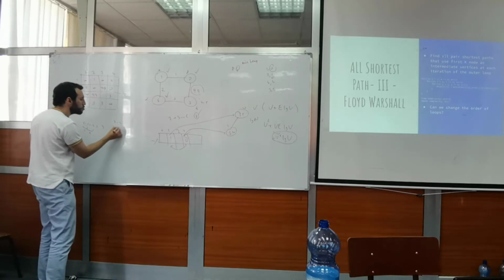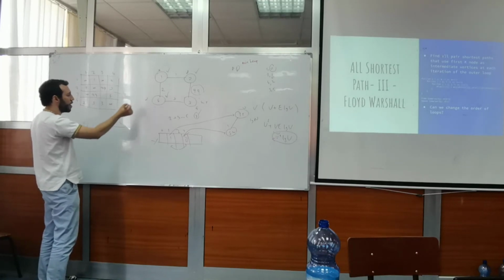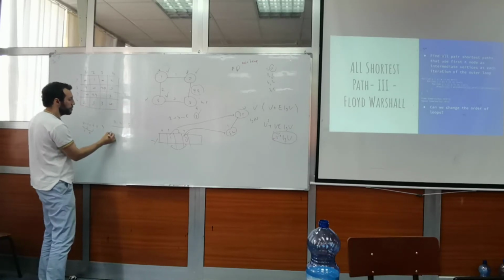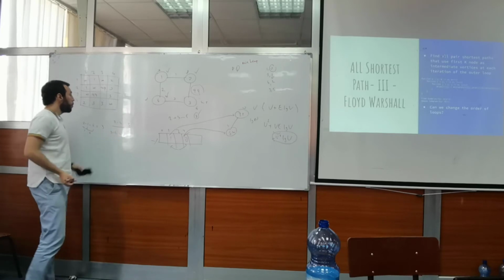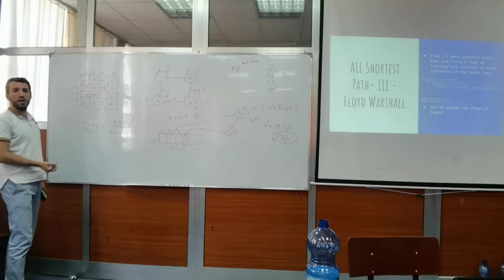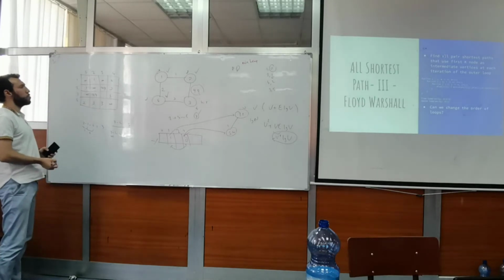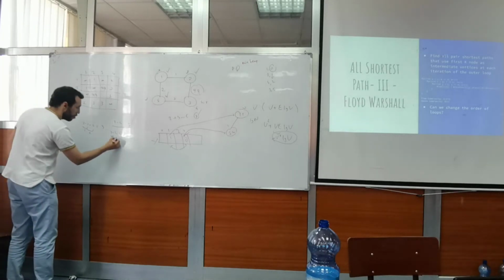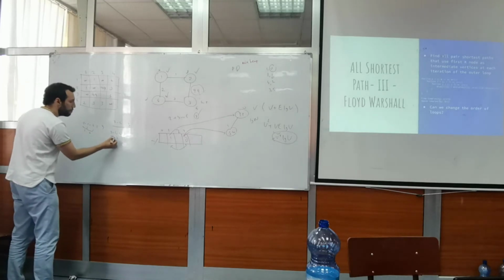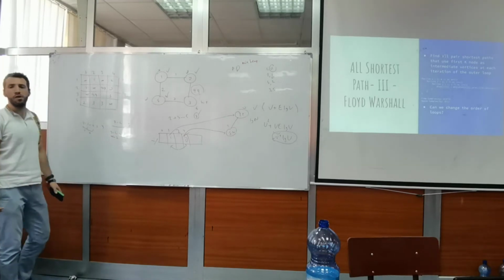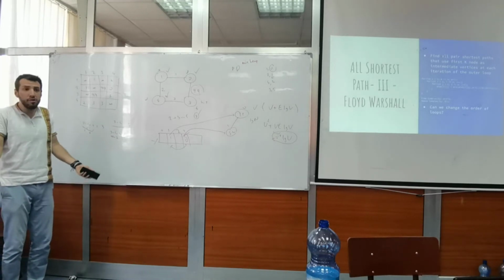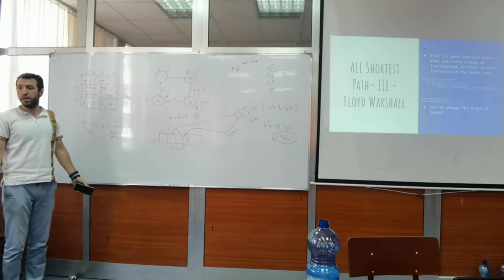Right now we are comparing 3 to 4's current known value, which is 3, versus 3 to 1 plus 1 to 4. What is the distance between 3 and 1? Infinity. What is the distance between 1 and 4? 2. So I check if infinity plus 2 is smaller than 3 or not. Since it's not smaller, I don't make any updates.